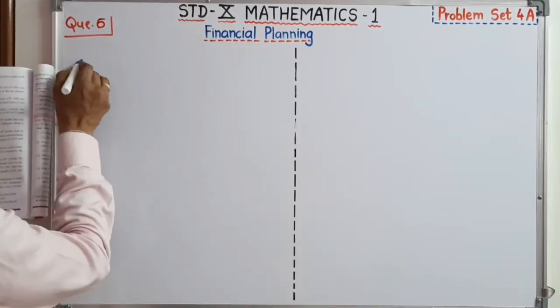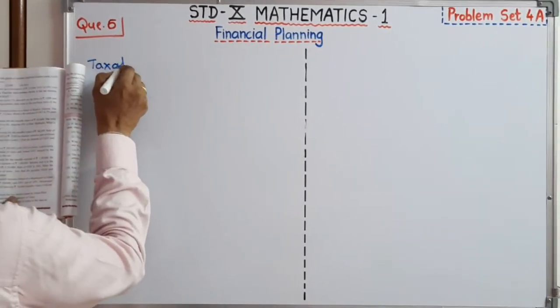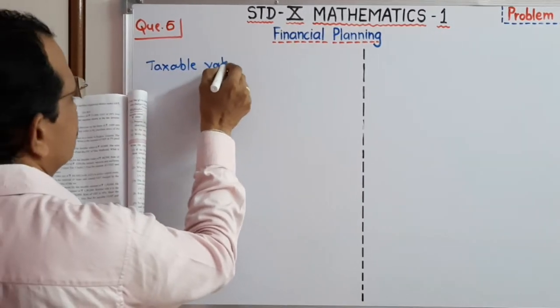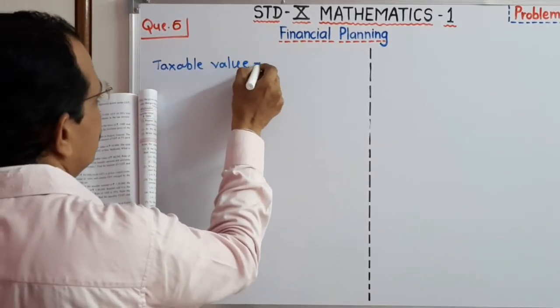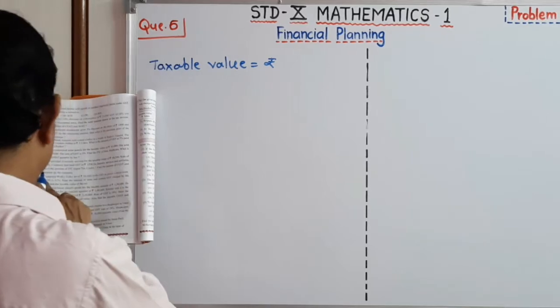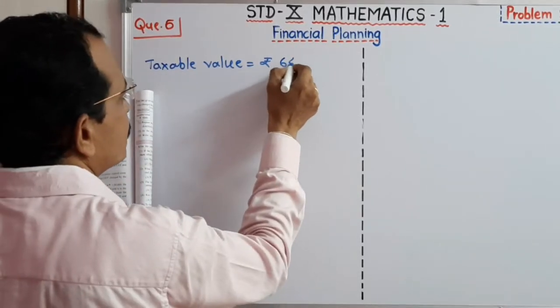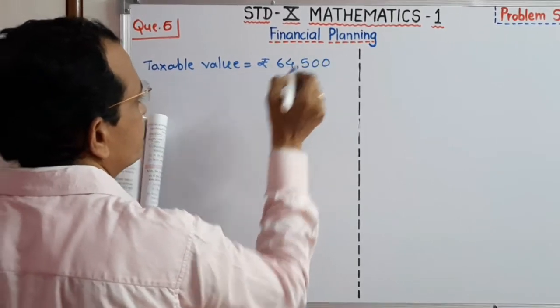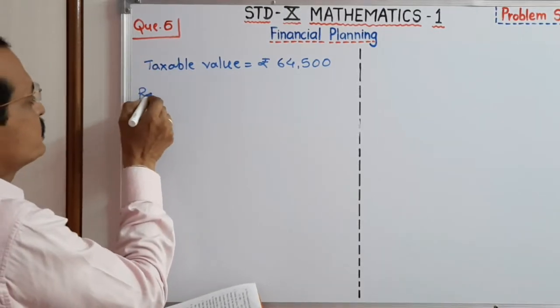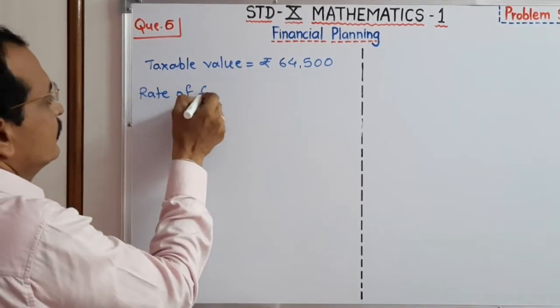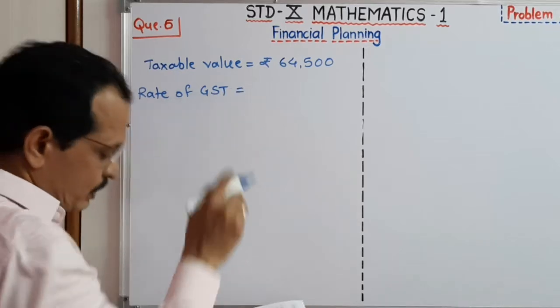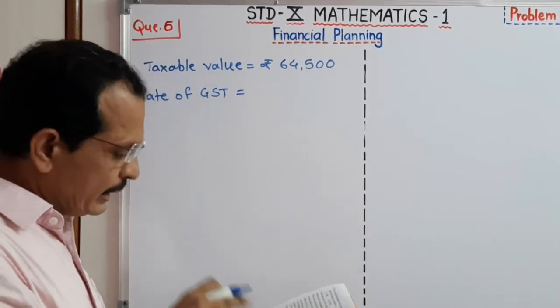See here, taxable value is equal to rupees 64,500 and rate of GST is equal to, how much is it? 18%.